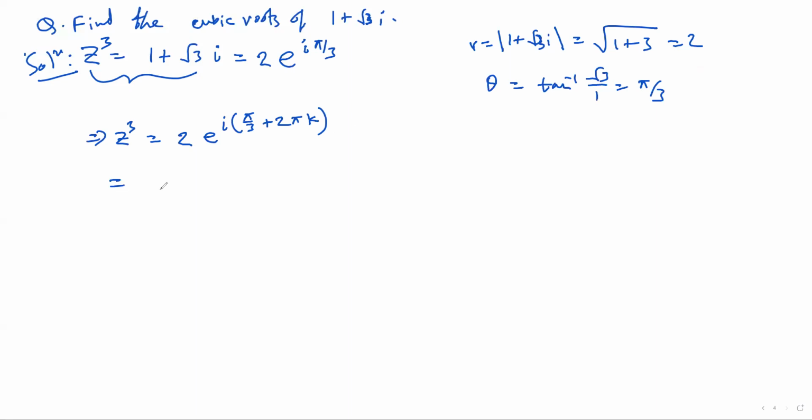So therefore, z is going to be 2 to the power 1/3 e to the power I pi by 9. In our last example, it was 0, but now we are not so lucky. The expression is slightly more complicated than the previous one. So 2 pi k by 3, where we write k equals to 0, 1, and 2, because n is 3 here.